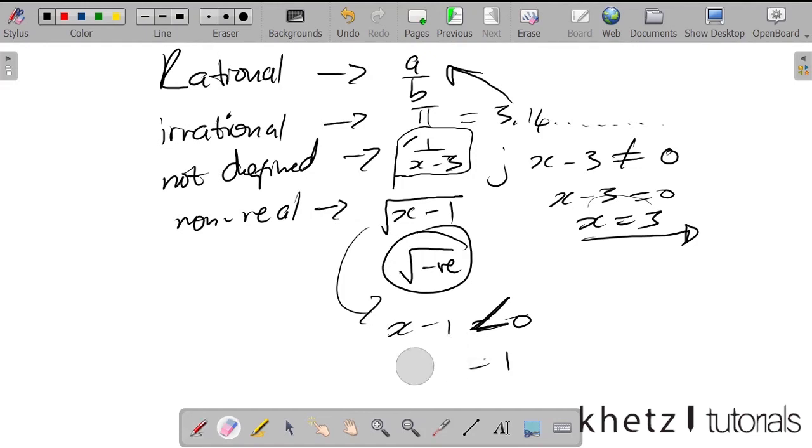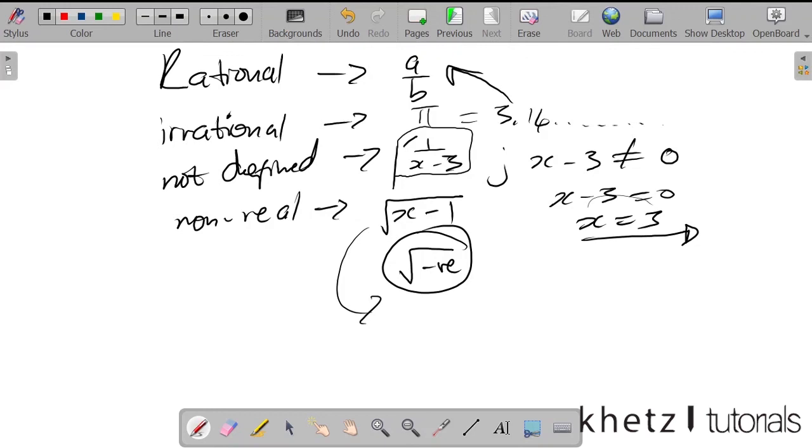So a negative would result from something which is less than 1, right?